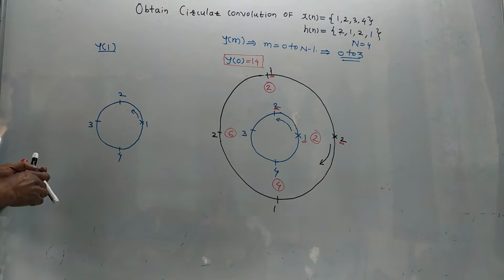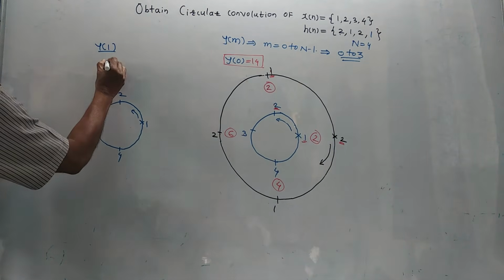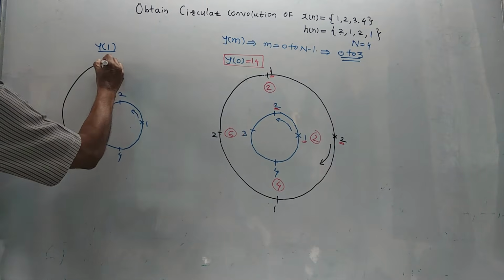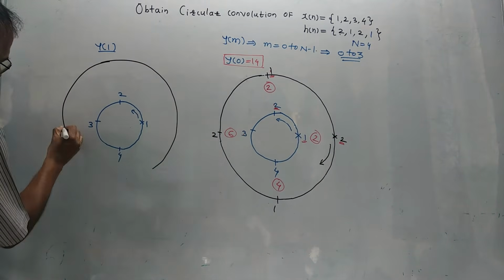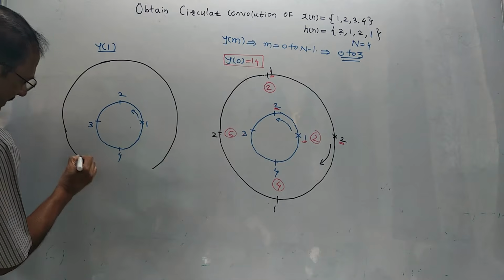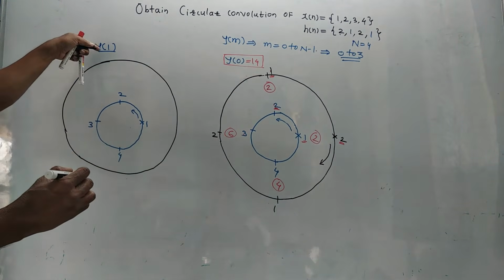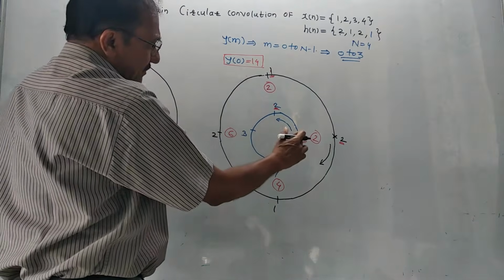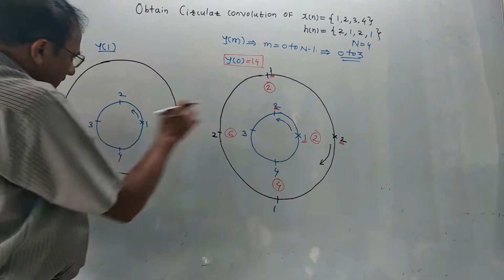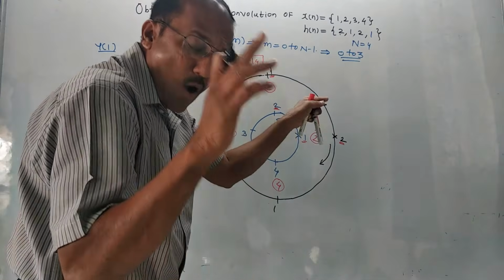Outside this, draw the circle of h, but now I will explain how to mark the samples. This calculation I am doing for the next, that means for y of 1. This was the earlier diagram. Every time keep the inner circle as it is, rotate the outer circle.